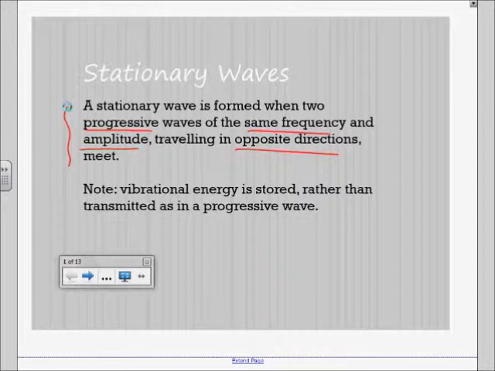And just note down here that with a progressive wave, we know that energy is transmitted, but with a stationary wave, the energy is not being transmitted, it is effectively trapped or stored in the vibrations that are happening. So I'd like you to note down underneath the heading stationary waves the definition of stationary waves together with this other note down there.